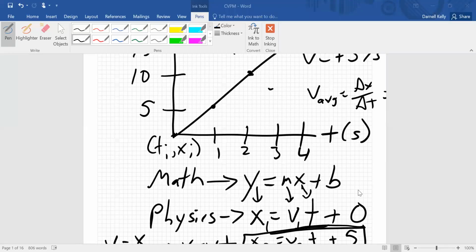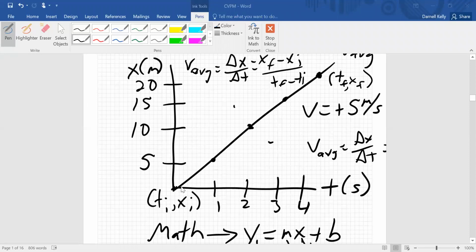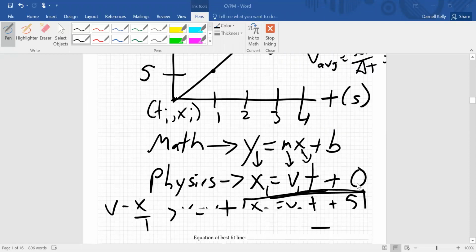In math, this is the slope-intercept form of the line, y equals mx plus b, where b is the y-intercept, x is the x coordinate, m is the slope, y is the y coordinate. In physics, at least in this form, position is on the y-axis, equals the slope, which is velocity, times the x coordinate, which is time. And in our case, we have no y-intercept, so it's just 0.